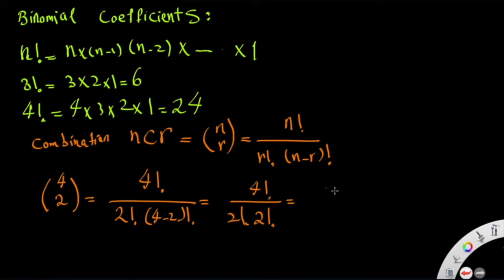It would be 24 over 2 factorial, which means 2 times 1, 2 times 1, it would be 4. So it will be 6. These are the points you need to know in order to find coefficients directly in binomial expansion.